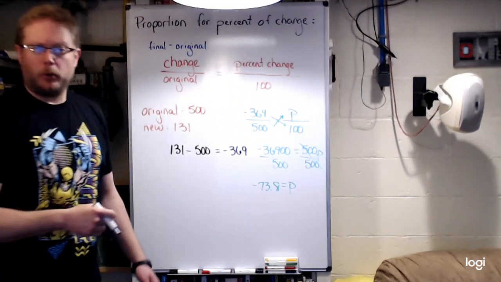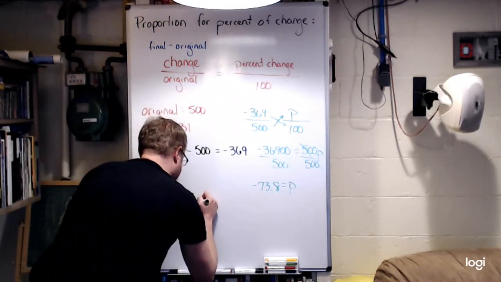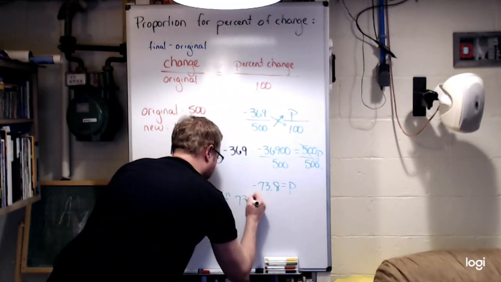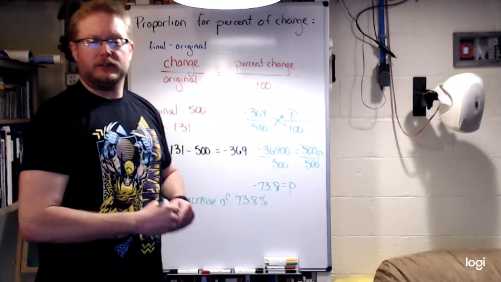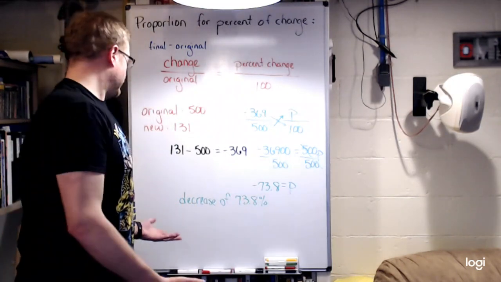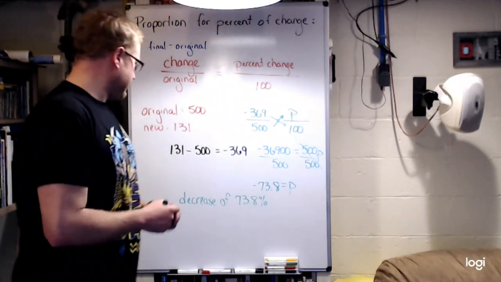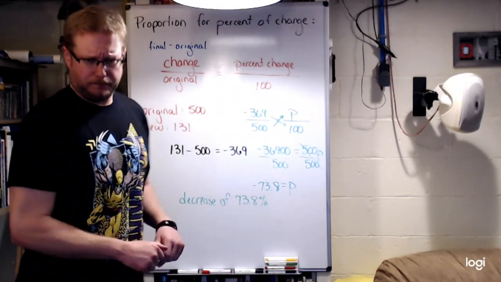Negative 73.8, or if I'm just writing it out, it's a decrease of 73.8%. Once again, you wouldn't say it's a decrease of negative 73.8. That's a double negative. You would just say it's a decrease of 73.8. All right. That's how it's done, my friends, at least for the first example.